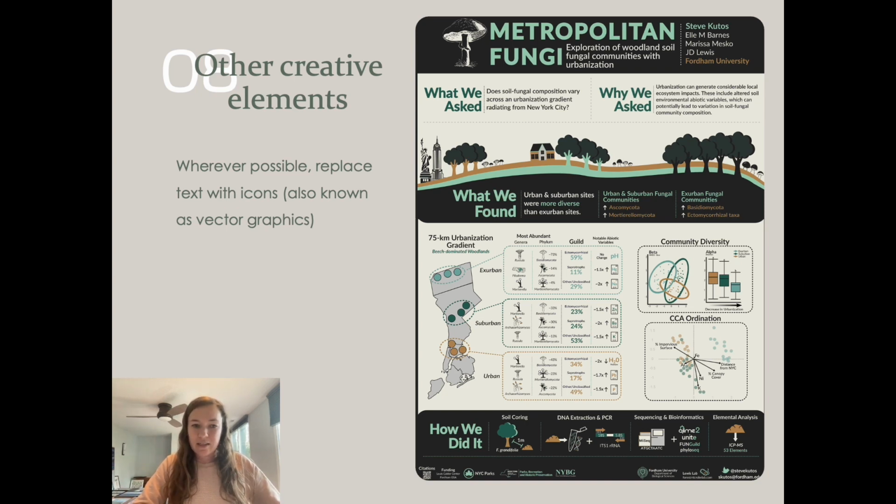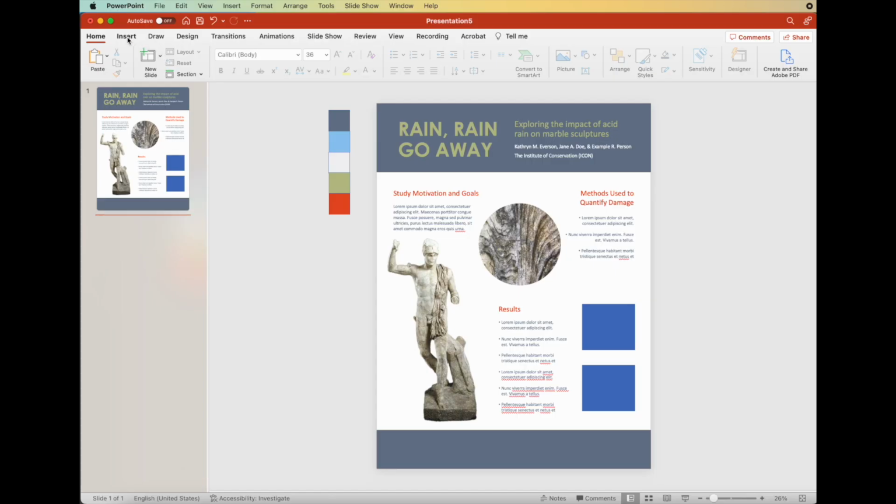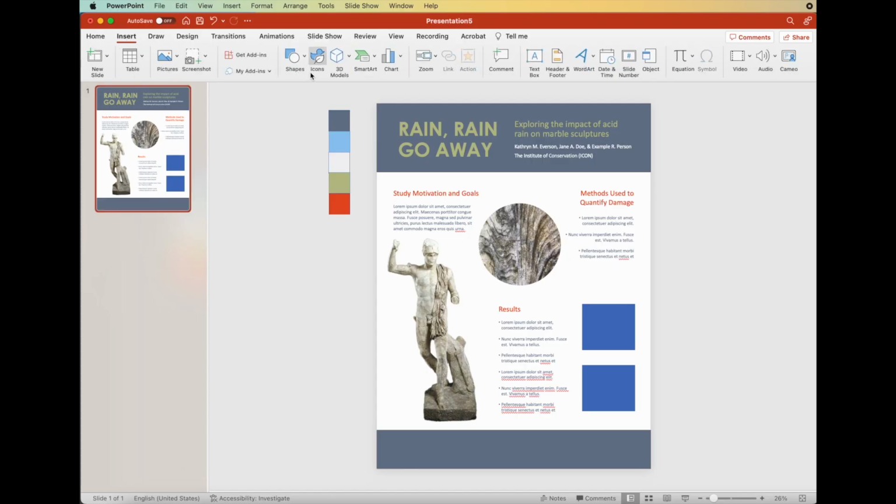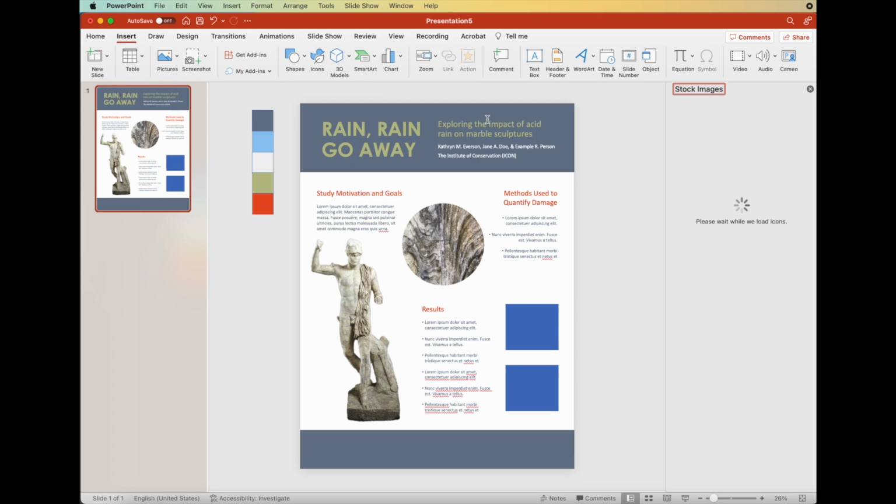And interestingly, being able to create these icons from scratch is not something that you necessarily have to do anymore. PowerPoint actually has an amazing tool that was just implemented somewhat recently, where it's just a menu where you can find many of these icons already made and just drag and drop them directly into your poster. So I'm going to show you how to do that. Here we are in PowerPoint, and I'm just going to click on this button that says icons.